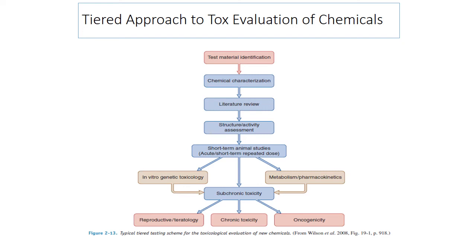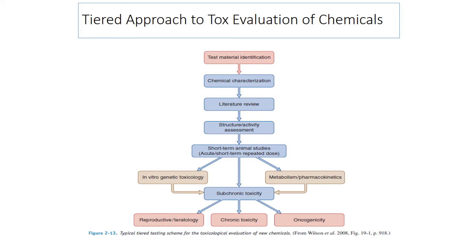And then it comes down to short-term animal studies, which could be acute and short-term repeated toxicity studies, which could also involve in vitro genetic toxicology as side studies, as well as metabolism and pharmacokinetics.